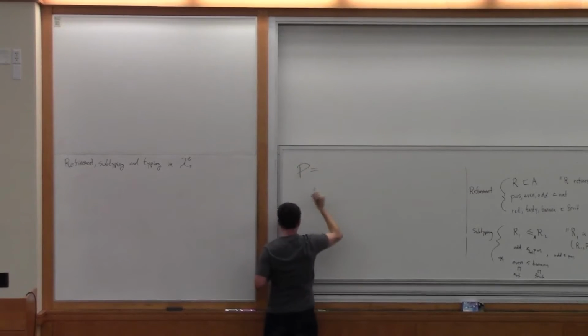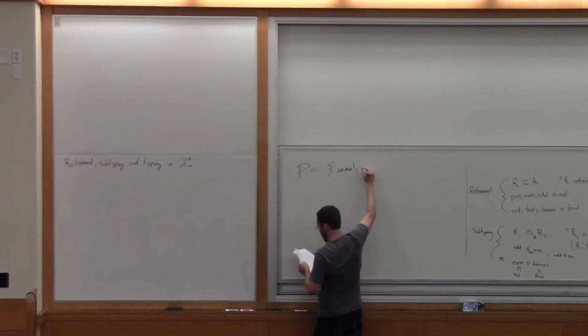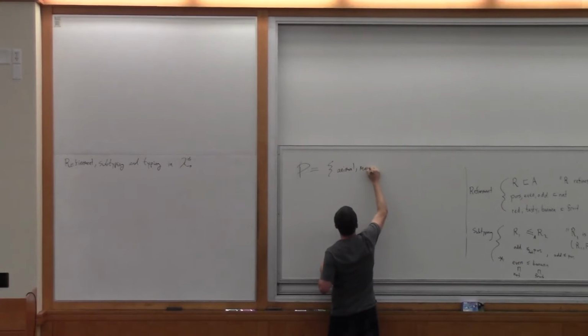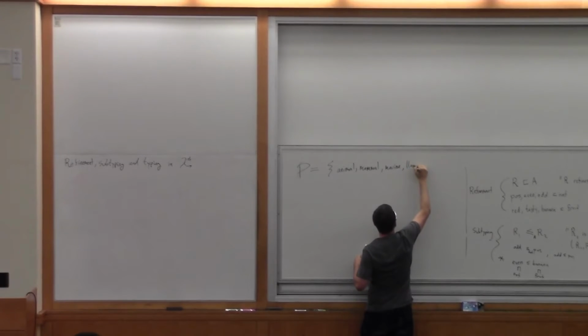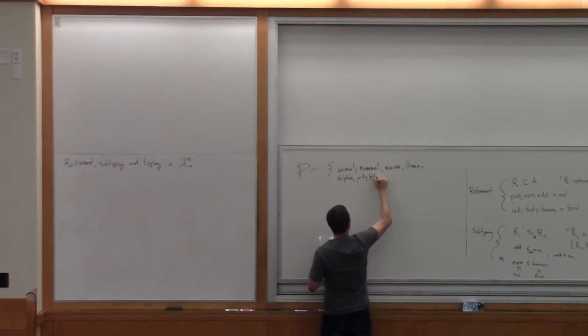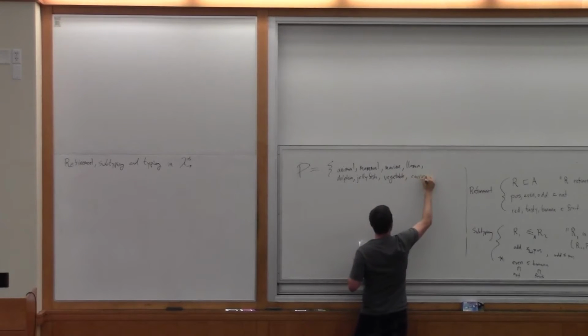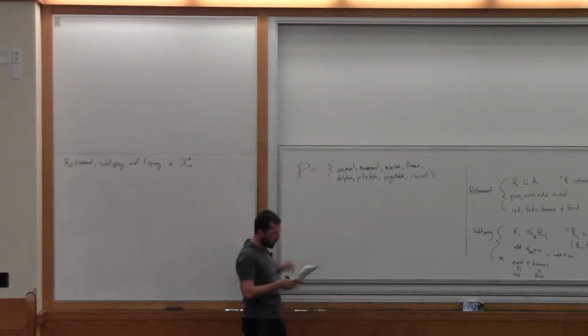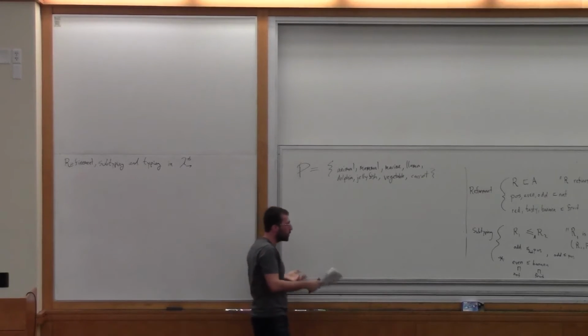So for example, we could take this set of different possible properties of individuals. This is our new set of atoms. And these are supposed to represent different properties of individuals that it might have.